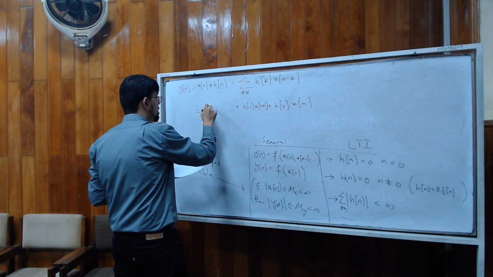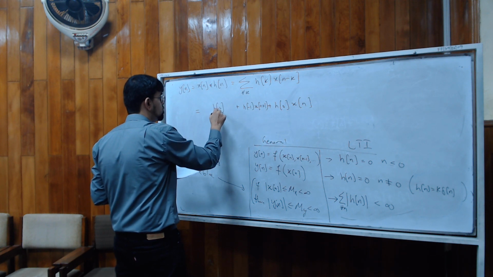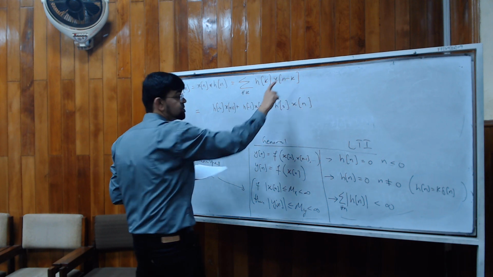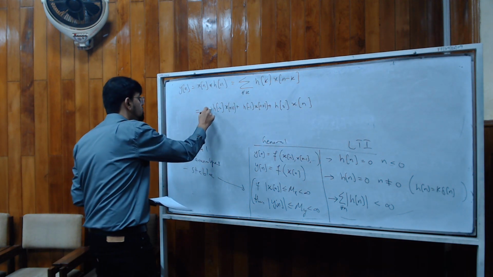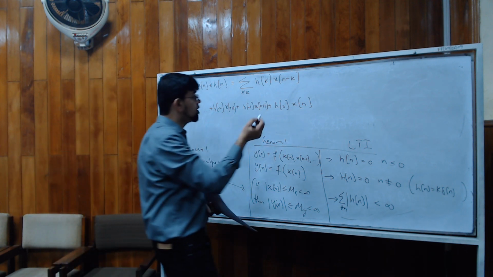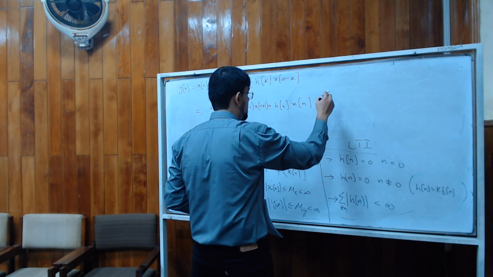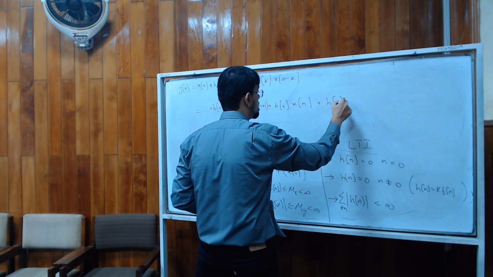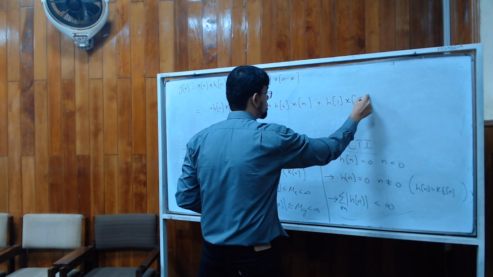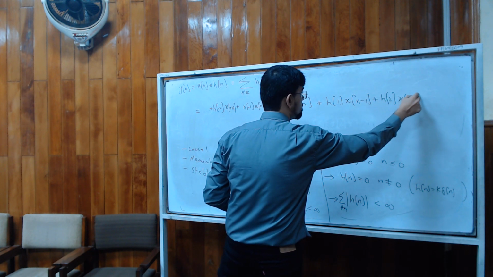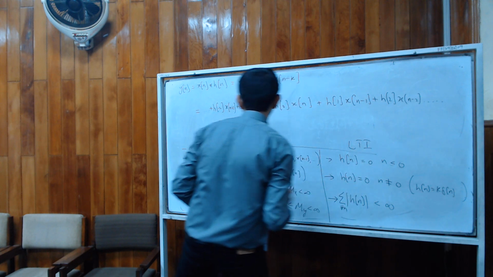Similarly here we will have some h[-2] x[n+2], because minus minus will become plus, and so on, depending on the size. On the right of that you expect to see h[1] x[n-1] plus h[2] x[n-2], and so on, depending on the size.